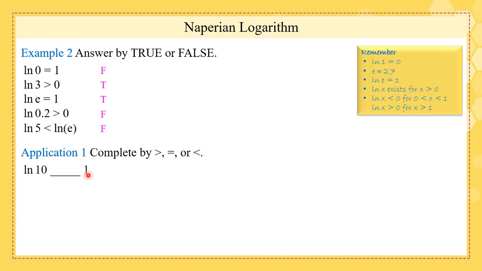Now complete by greater, equal, or smaller. ln 10 and 1. You can use the calculator. Try to do it alone. You see that ln 10 is greater than 1. ln 2/3 and 0.